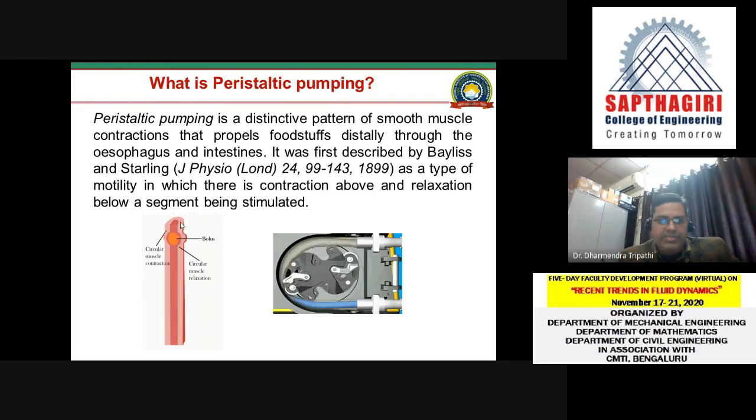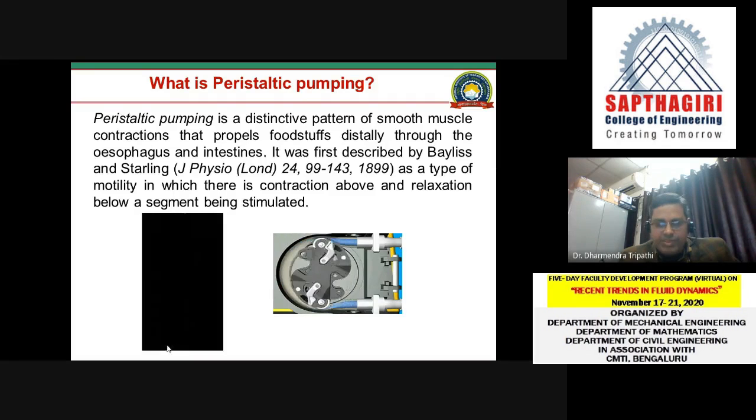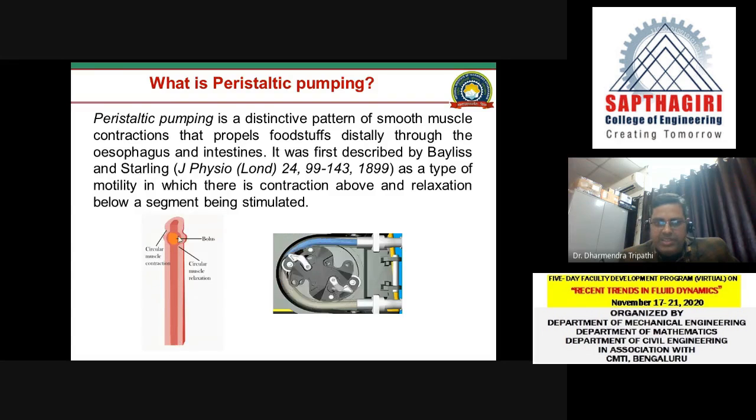This is one of the pumping phenomena in the biological or physiological system. When we are eating food, it moves from mouth to stomach, and this pumping process, due to muscle contraction and relaxation, creates pressure, and due to that pressure, in a controlled way, not due to gravitational force, the food moves. If you eat any food, it does not suddenly go to the stomach; it moves in a very controlled manner, due to this pumping phenomenon of muscle contraction and relaxation.